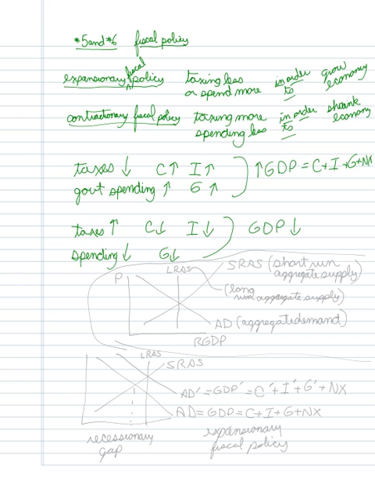Now, again, what we're trying to do here is micromanage the economy to get a certain outcome. The way that this all starts to look is with an overall economy that looks like this, where we have my real GDP here and my price level here. We have a downward sloping aggregate demand curve, and we have a SRAS curve, which is my short-run aggregate supply.